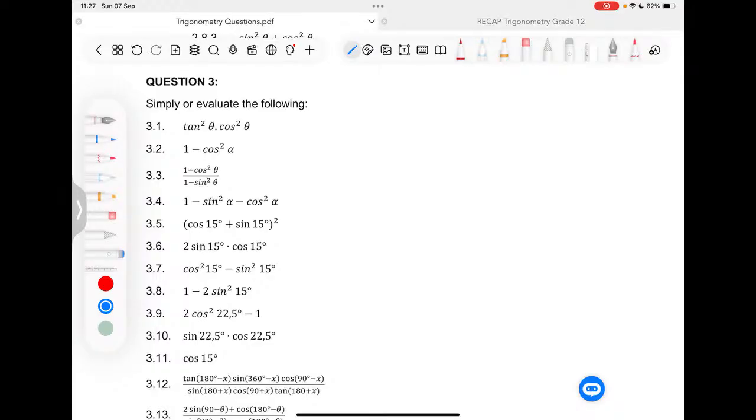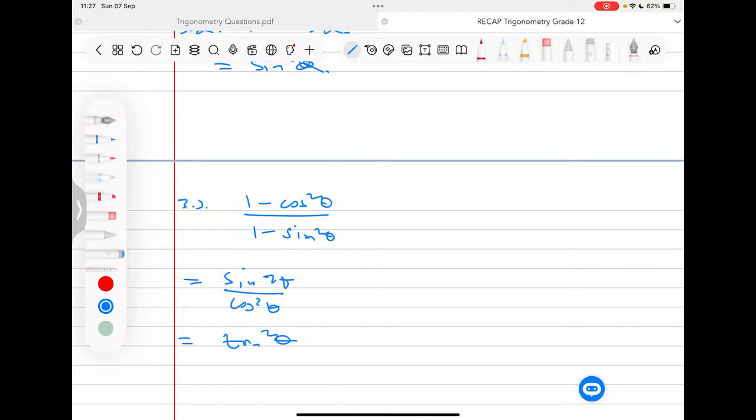Can we have a look as well at question 3.4? I'll write it here. 3.4, we are given 1 minus sine squared alpha minus cos squared alpha. Now, to do this question, I'm going to look at this one here and change it to a cos squared alpha, and then I'm still having also cos squared alpha, you see.